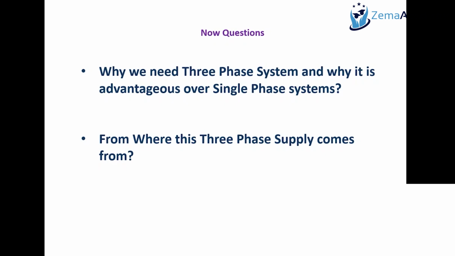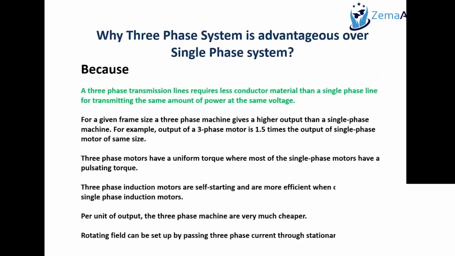Of course, we want to know why it is advantageous compared to single-phase systems. So let's begin with the first question, why is the three-phase system advantageous over single-phase system?